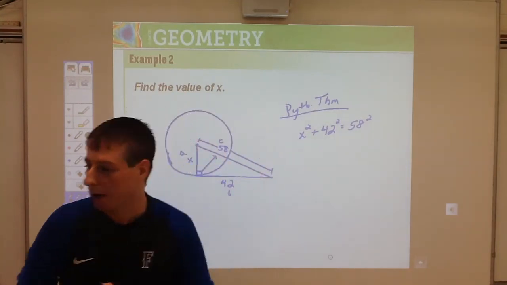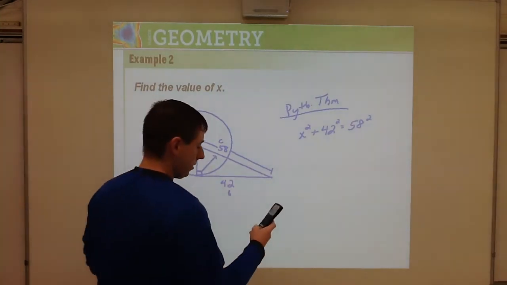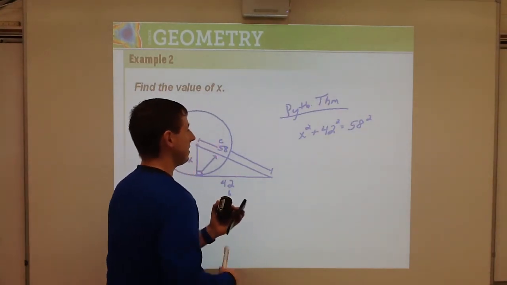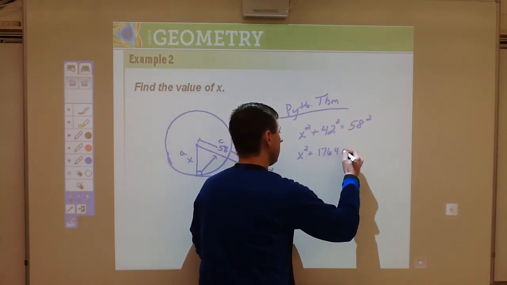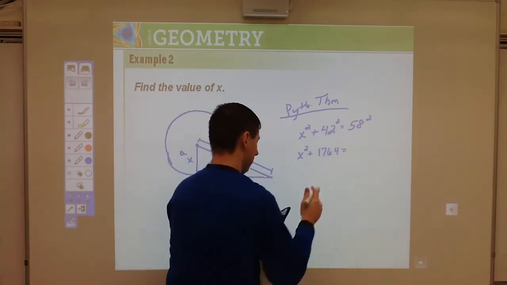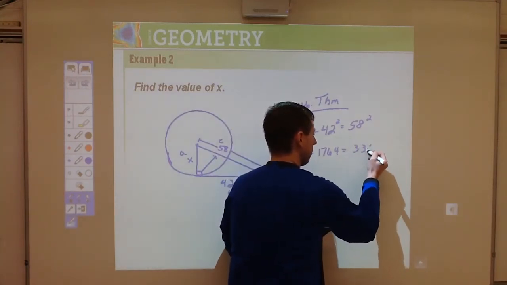Big numbers, I gotta grab a calculator real quick. Okay, 42 squared is 1764. X squared plus 1764 equals, okay, then 58 squared, 3,364.